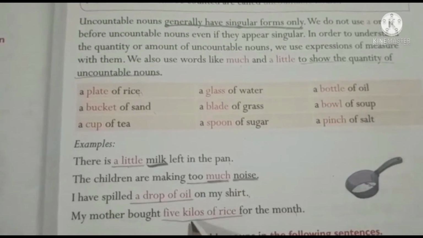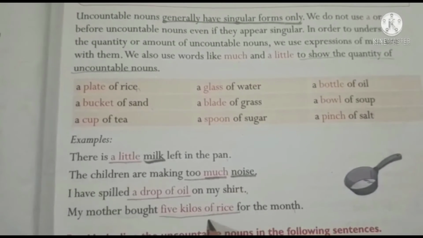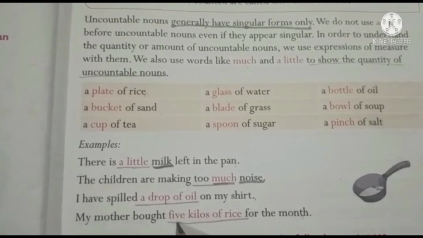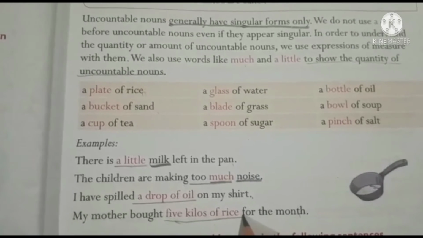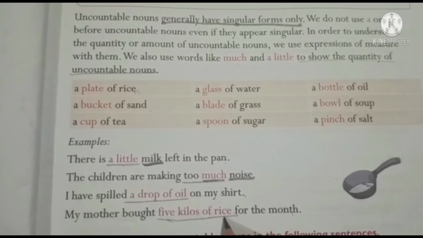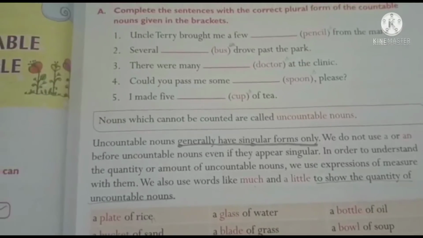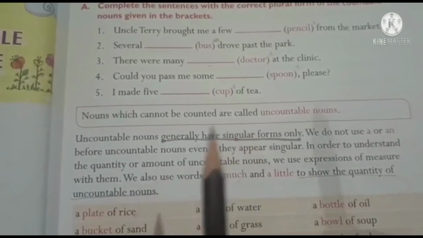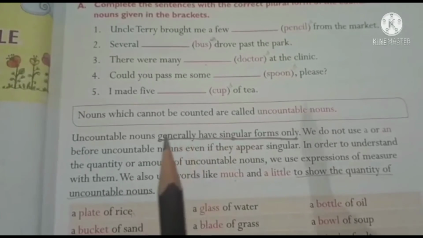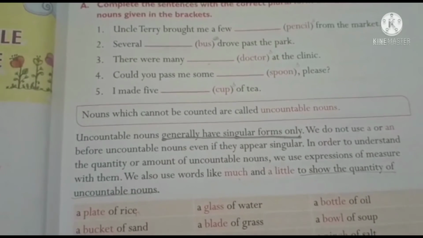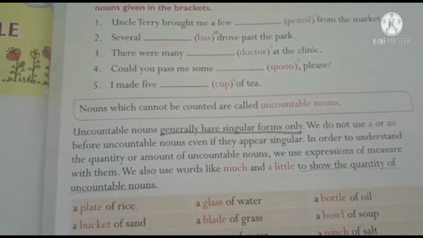We cannot count rice, children, but of course we can count the bags of rice. So here we have used 5 kilos of rice to show the quantity of the uncountable noun, that is rice. So remember, children, nouns which we can count are called countable nouns, and the nouns which cannot be counted are called uncountable nouns.